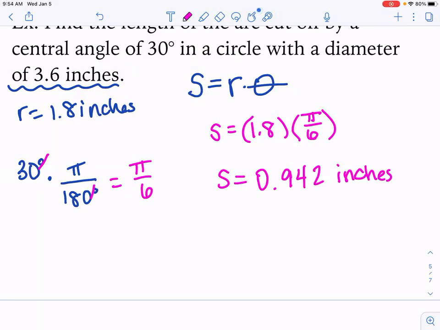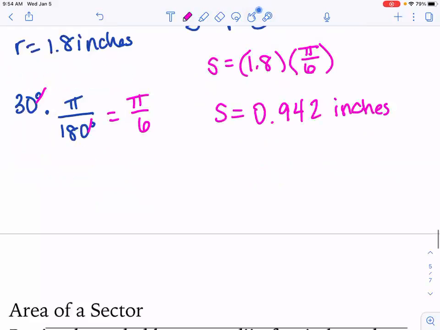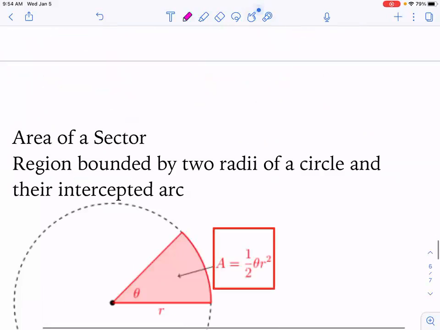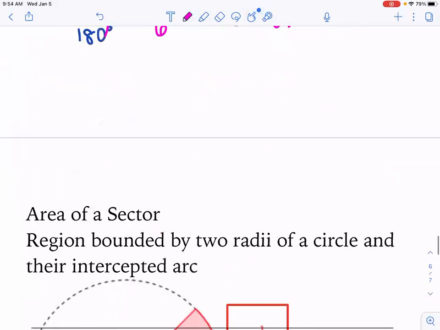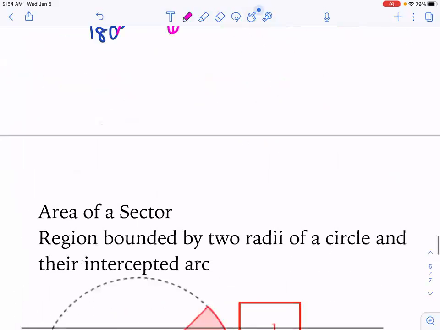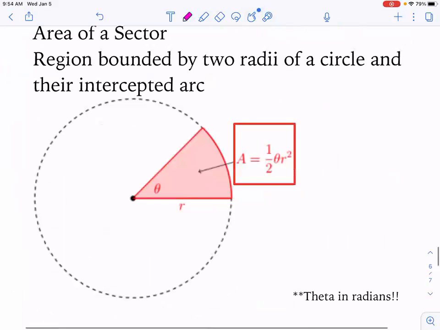Okay, the very last thing we're going to do, a sector of a circle is basically like a piece of pizza. Okay, the area of a sector.